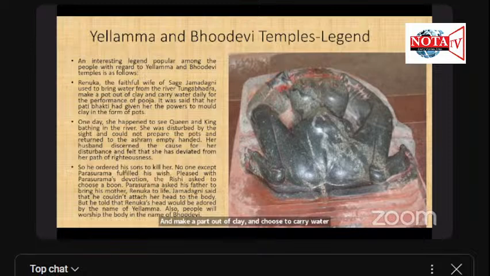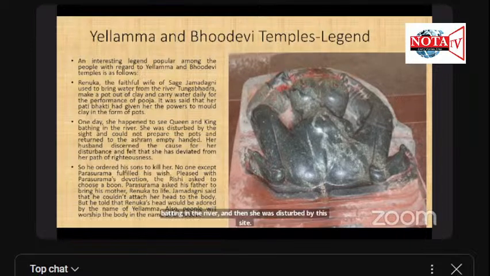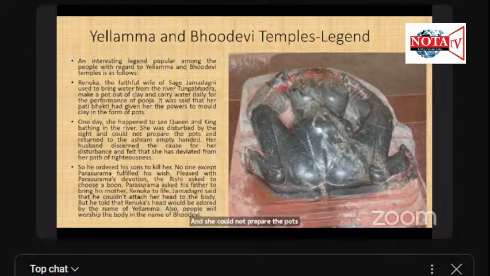Her Pati Bhakti had given her the power to mold clay into pots. One day she happened to see the queen and king bathing in the river, and she was disturbed by this sight, and she could not prepare the pots, and returned to the ashram empty-handed.